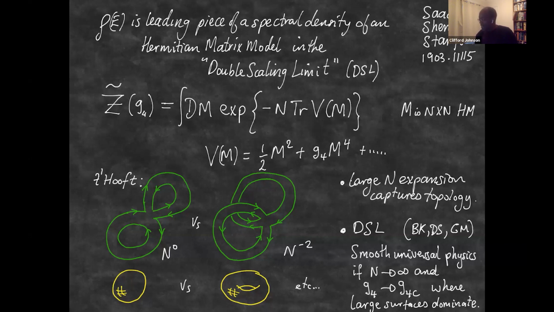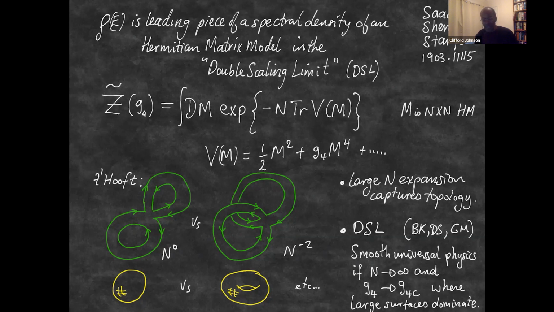The double scaling limit then says take a large N limit of one of these models, but at the same time tune the couplings and the potential in such a way that you're not just getting all surfaces. You're interested in large surfaces that will ultimately be large, smooth surfaces that, when you take the right limit, will correspond to the continuum surfaces of the gravity theory you're trying to capture.